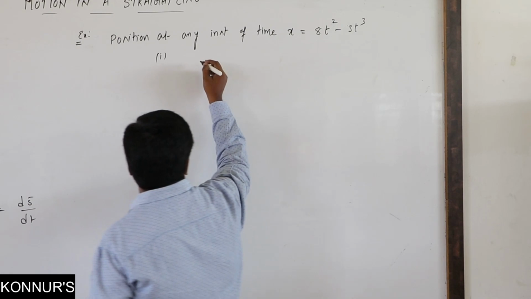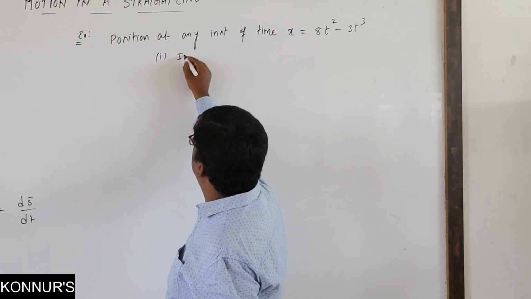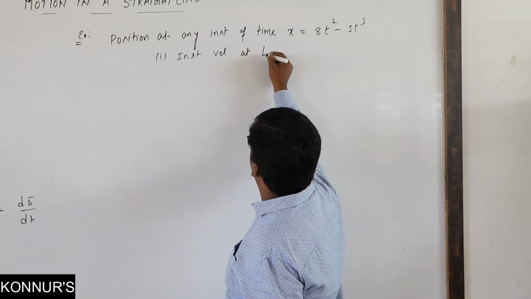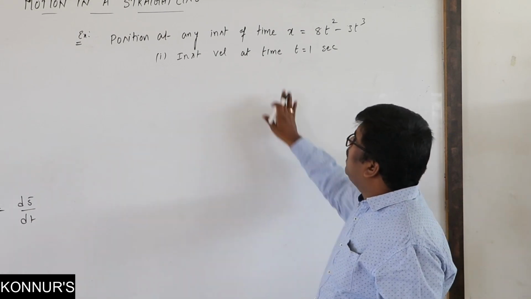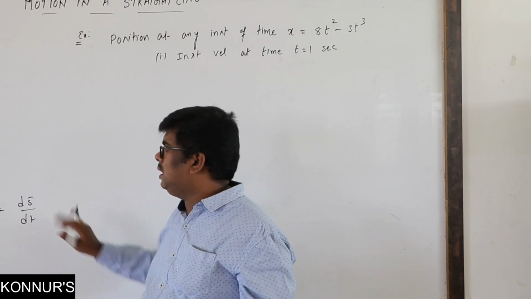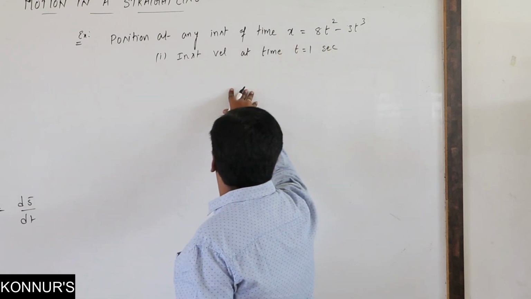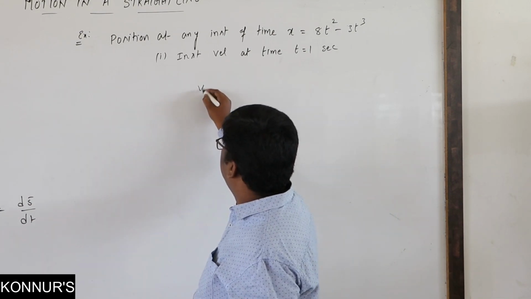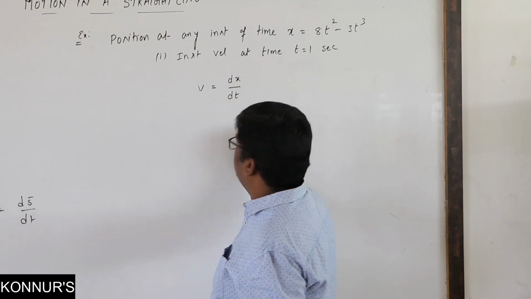Then you have to find the following. What is the instantaneous velocity at time t equal to 1 second? Instantaneous velocity is nothing but the rate of change of the displacement. Here the displacement is x, equal to 8t squared minus 3t cubed. Then instantaneous velocity v equals dx by dt.